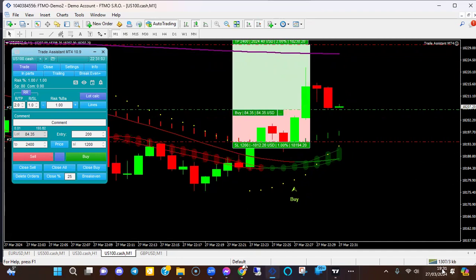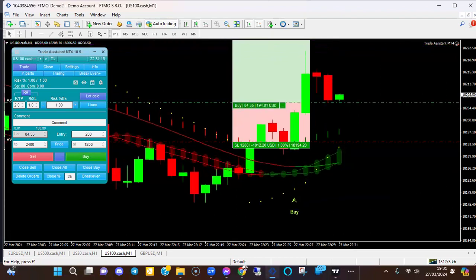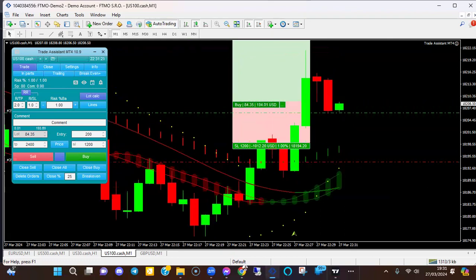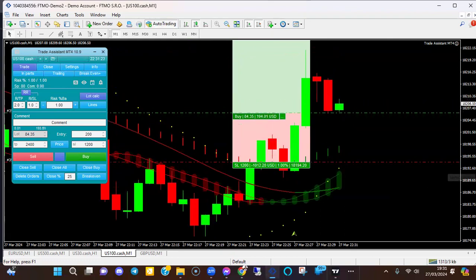And because of the time of night, I won't be taking another trade after this if we hit the stop loss, because market closes at 9 o'clock. I want to give my trades longer than that to actually do something.